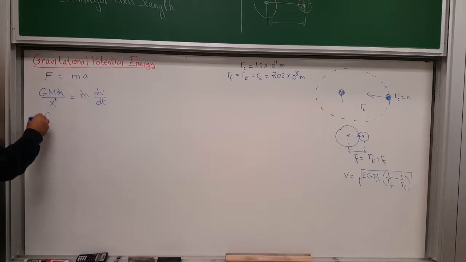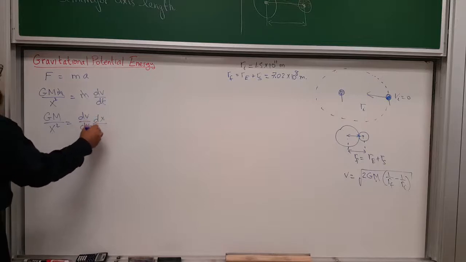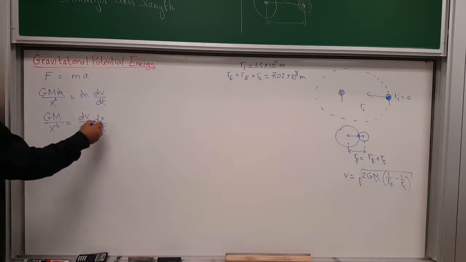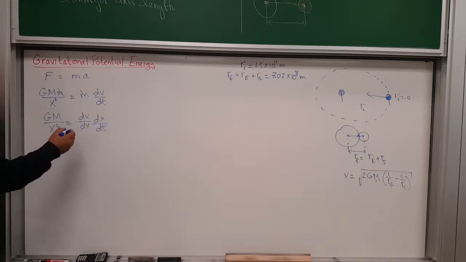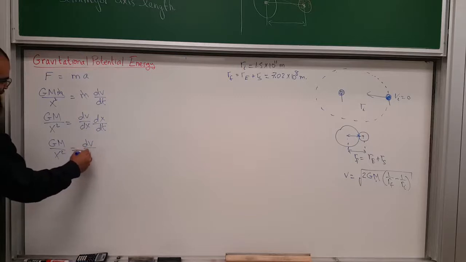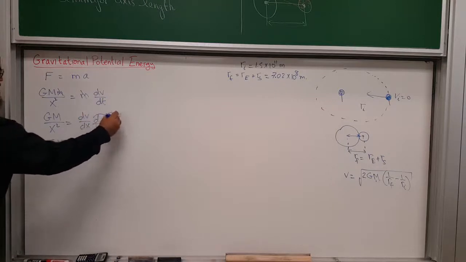So I get capital G capital M over x squared is dv dt, but by the chain rule you can put dv dx times dx dt, as when we derived the equations of kinematics. And dx dt is the velocity, so you have G capital M over x squared equals dv dx times v.